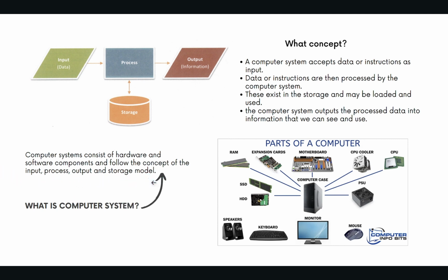What does this concept model mean? Here is its diagram. A computer system accepts data or instructions as input. The data or the instructions are inputted to the computer system, then the computer system processes it, and after processing it and turning it into information, it could be stored and then used further. As its final destination, the data gets outputted as information.